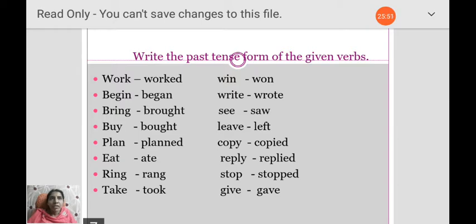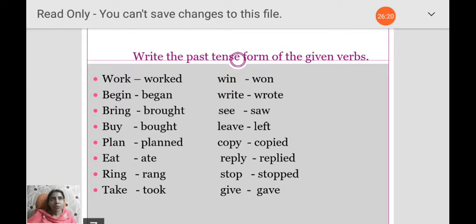Here leave is leaving a place. Okay, so left means the person has gone, left the place. Not our left hand, right hand, not that, but leaving the place. That is the meaning of left here. Copy. So for this also look at the spelling. When there is a y in the ending, we add ied, copied.